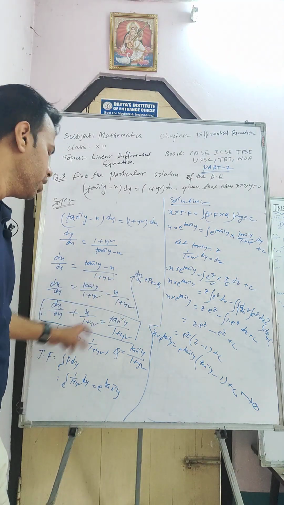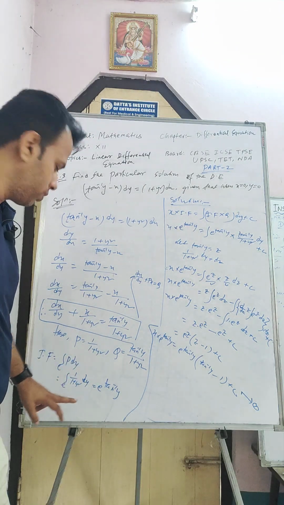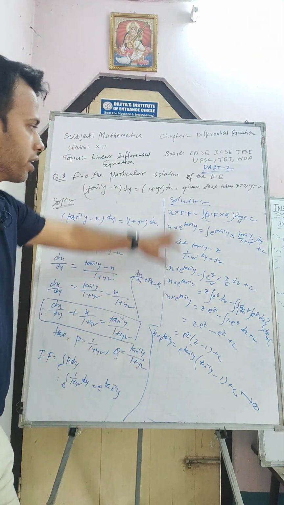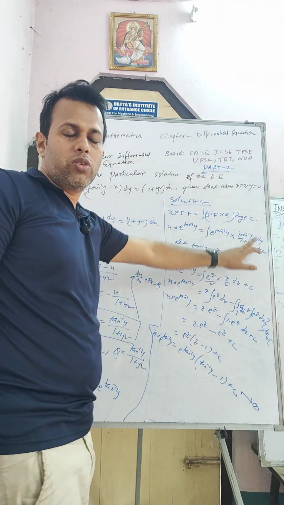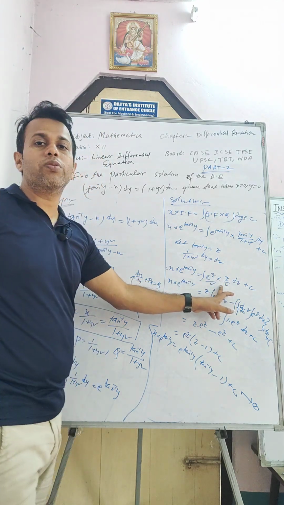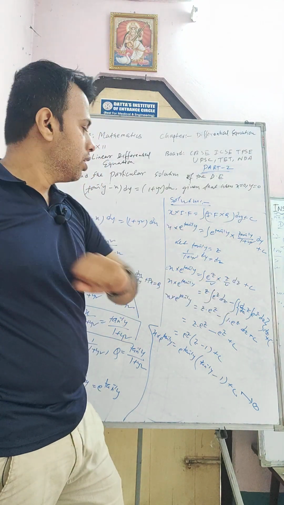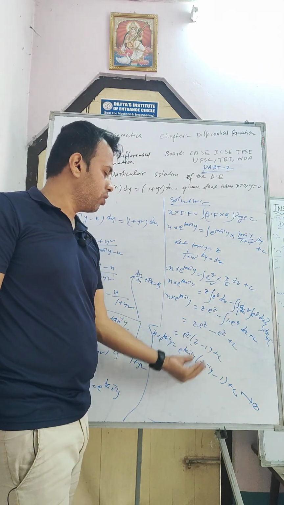Here p is this one, q is this one. After that I find the integrating factor, e to the power p dy. It became e to the power tan inverse y. Again use the same formula. After that I take tan inverse y as z. That means after simply putting the value, it is in the form of integration by parts, right? Now I am simplifying this equation. After that I put the value of z.